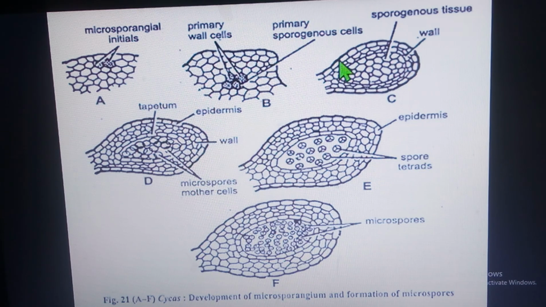Okay, you see here, this one. These are the outer primary wall cells which have already divided and given rise to a 3 to 6 layered wall of microsporangium beneath the epidermis.